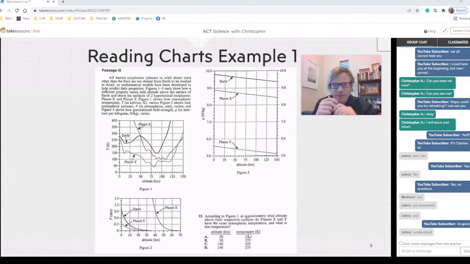So you can use the answer choices to kind of guide your way. Answer choice A says altitude of 50. If you look at an altitude of 50, only planet Y ever achieves that altitude. So I don't think it's possible for both X and Y to have a temperature reading if planet X never gets that.